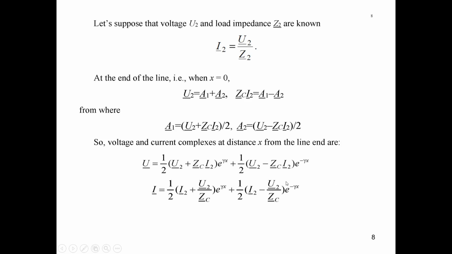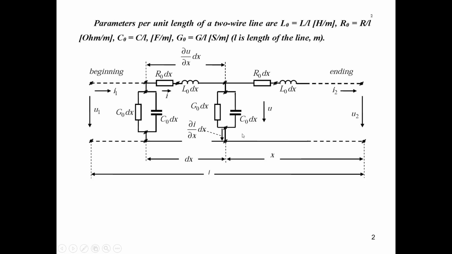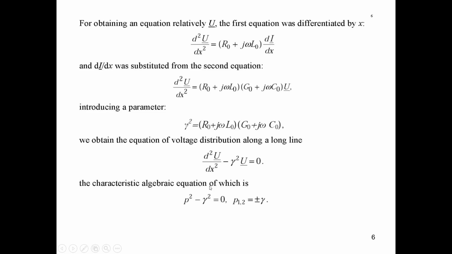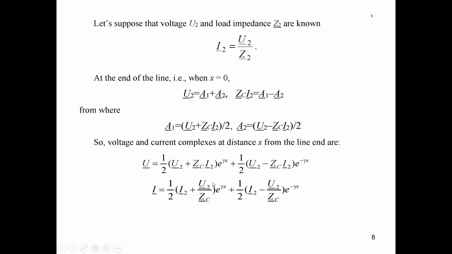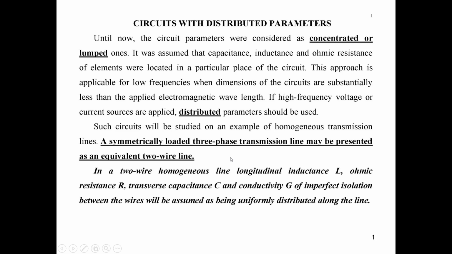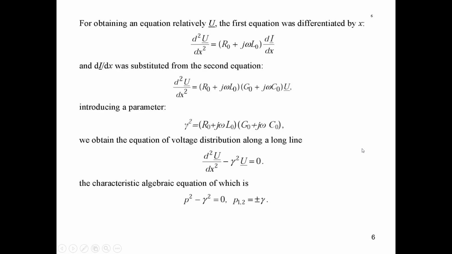So we've got this expression both for voltage drop and current across this line, in dependence on the location of the infinitesimal element relative to the end of the line, this x. See, x is the distance between the considered infinitesimal element and the end of the line.